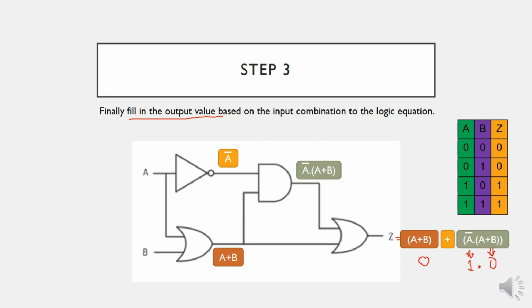And 1 and 0 becomes 0. So 0 or 0 is equal to 0. That's why our output here is 0, because our inputs are both 0. You have to repeat the process until the end, and supposedly we get the output values based on these input combinations.